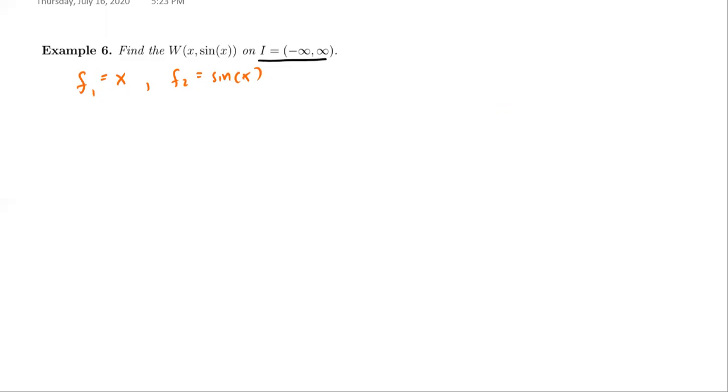So basically, this interval I on which you're computing the Wronskian is usually going to be restricted by on what intervals your functions are differentiable, how many times differentiable you need, and also by the domain: are the functions even defined in this interval? Those are the two things that are usually going to restrict the interval on which you calculate the Wronskian.